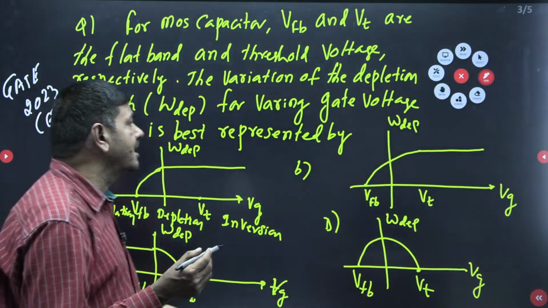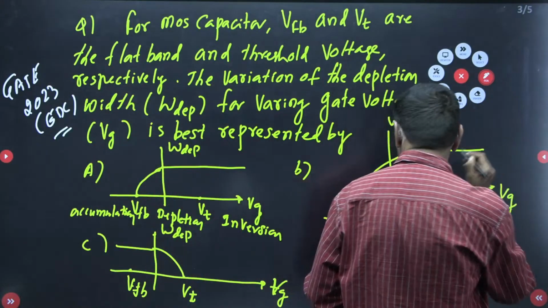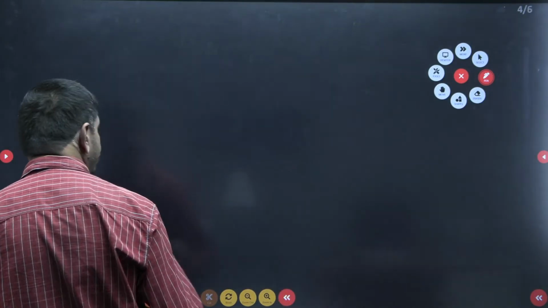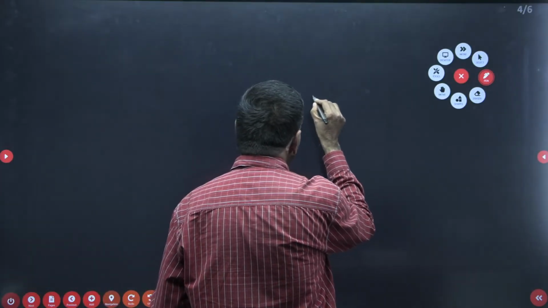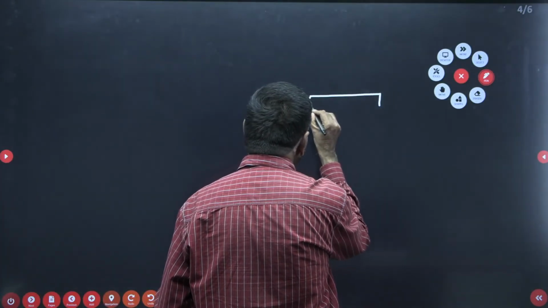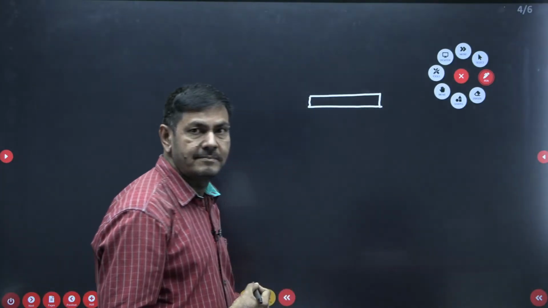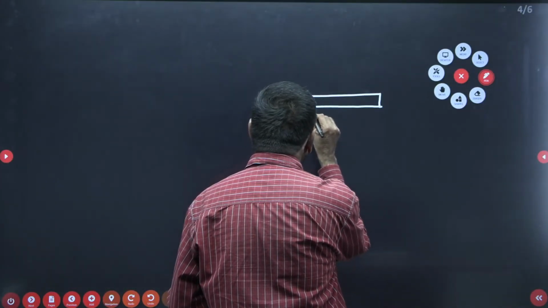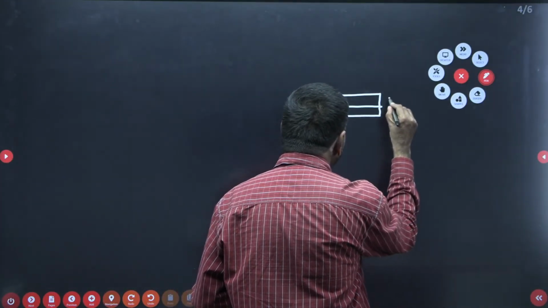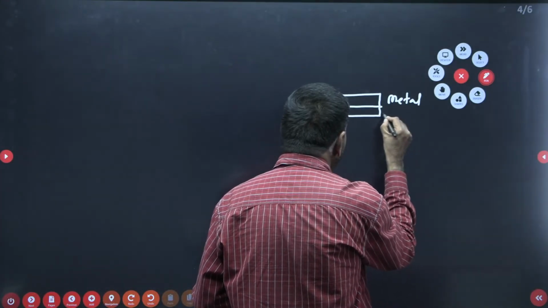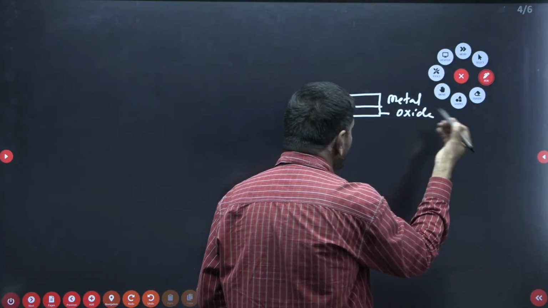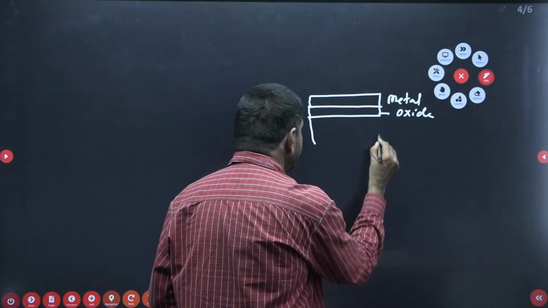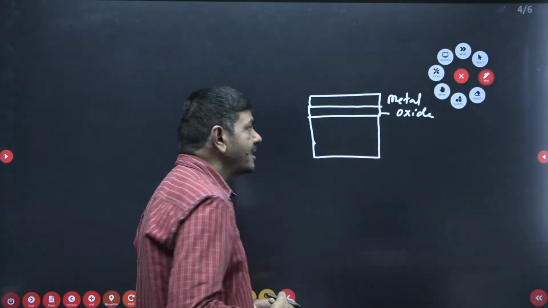That means in the MOS capacitor, as you know very well, it is shaped like this. You'll get the idea. The MOS capacitor has a metal, a conductor, then the oxide, SiO2, silicon dioxide, mostly.